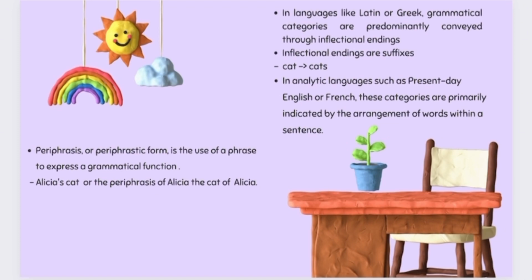While in analytic languages such as present-day English or French, these categories are primarily indicated by the arrangement of words within a sentence. Periphrasis, or periphrastic form, is the use of a phrase to express a grammatical function that could otherwise be expressed using an inflectional ending.